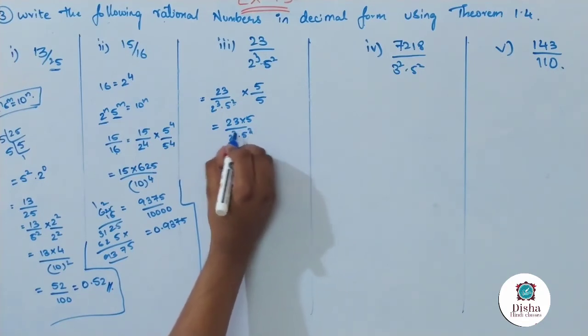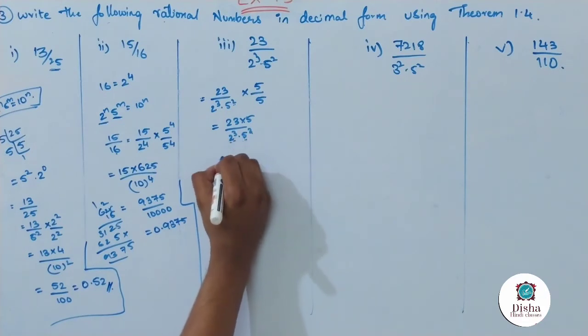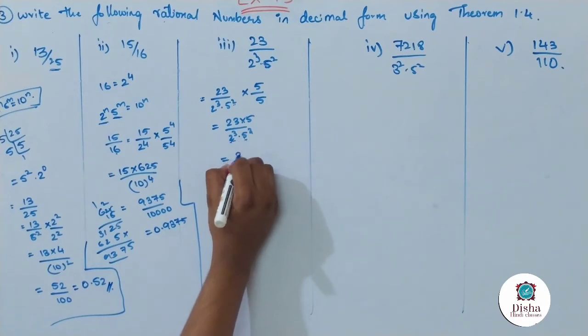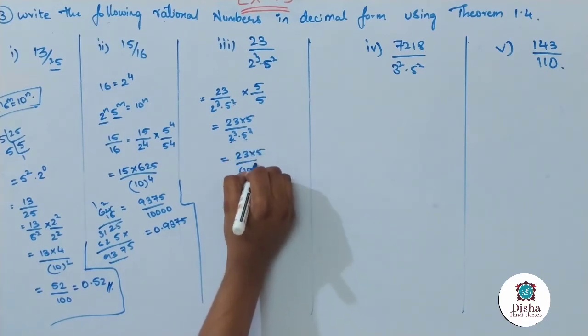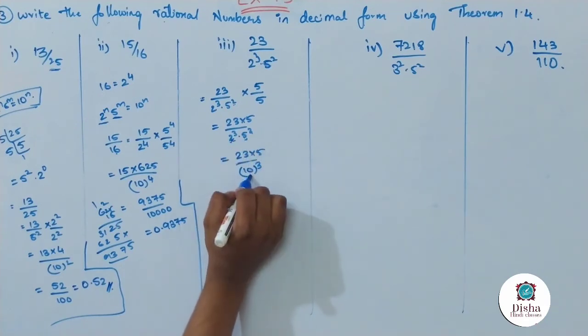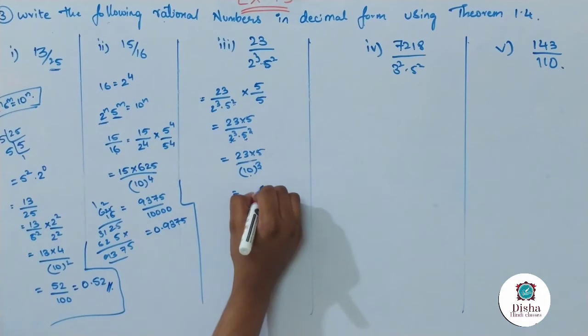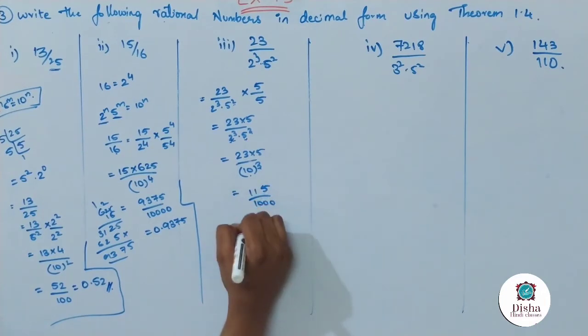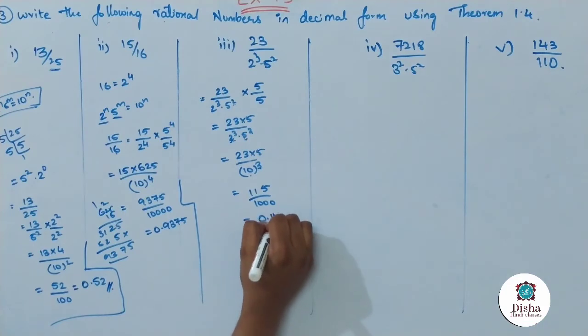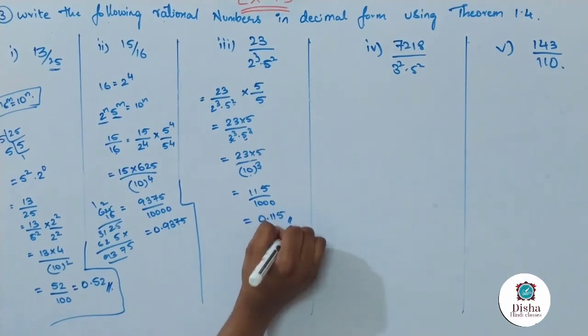So we have the powers the same, so we can multiply the bases of these powers. So 23 into 5, 10 to the power cube. 2 5s are 10 and the power will remain the same. So 23 into 5, that will be 115 by 1000. So what we get? 0.115 as the answer.